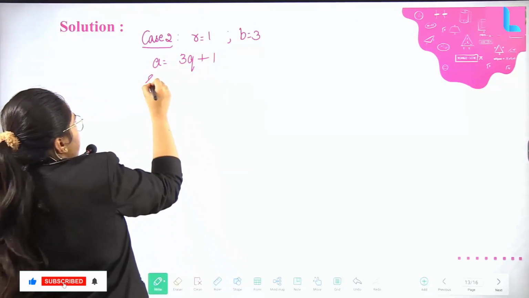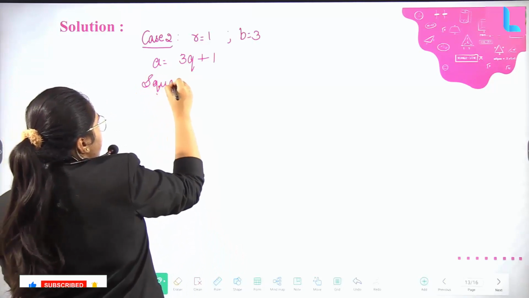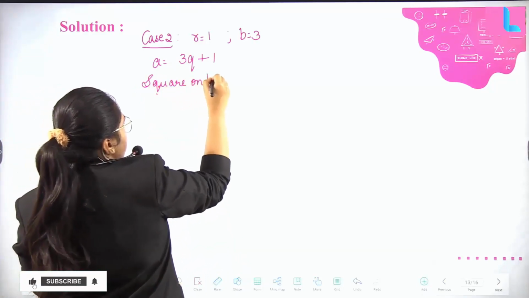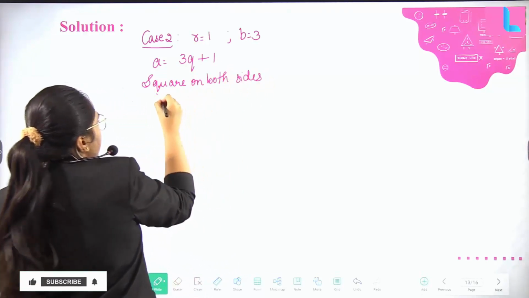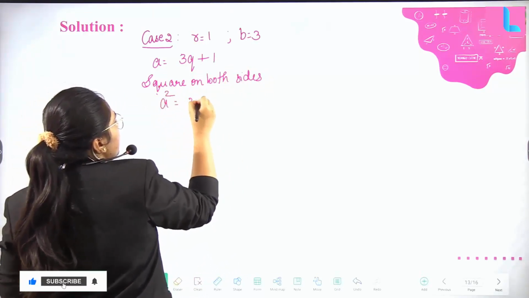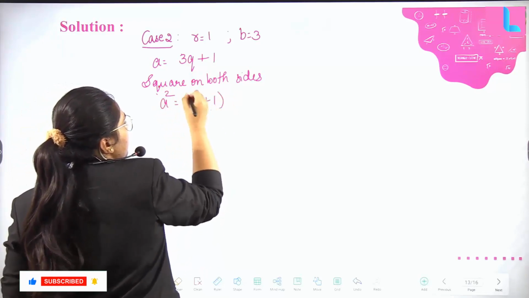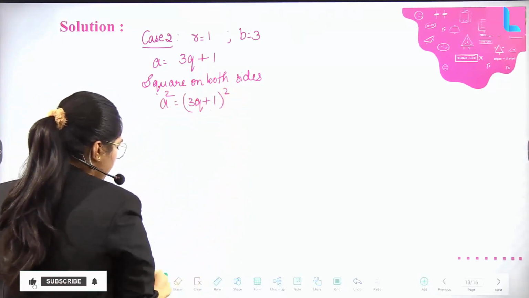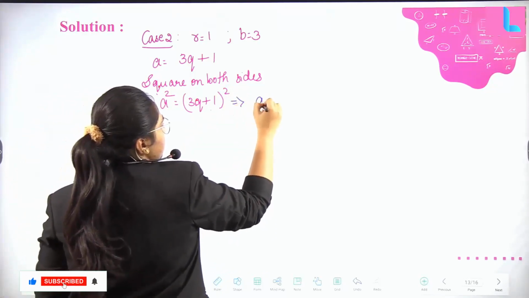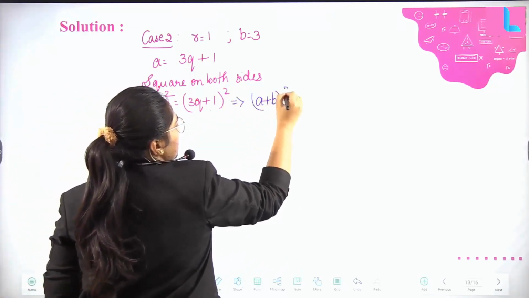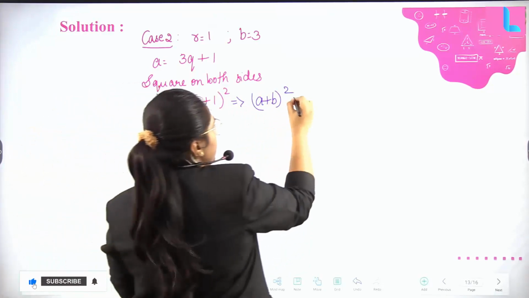Now we have to square. Square on both sides. a square is equal to 3q plus 1 the whole square. This is of the form a plus b the whole square. The a plus b the whole square formula you have to substitute.